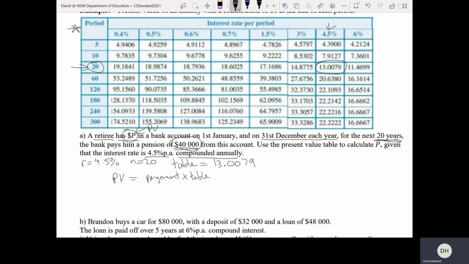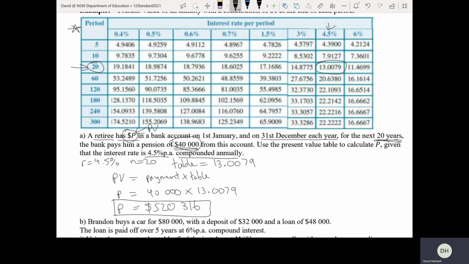So here the present value is P, the payment is 40 grand at the end of each year, and we're timesing it by the table factor, 13.0079. When we put that into a calculator, we get 520,316.